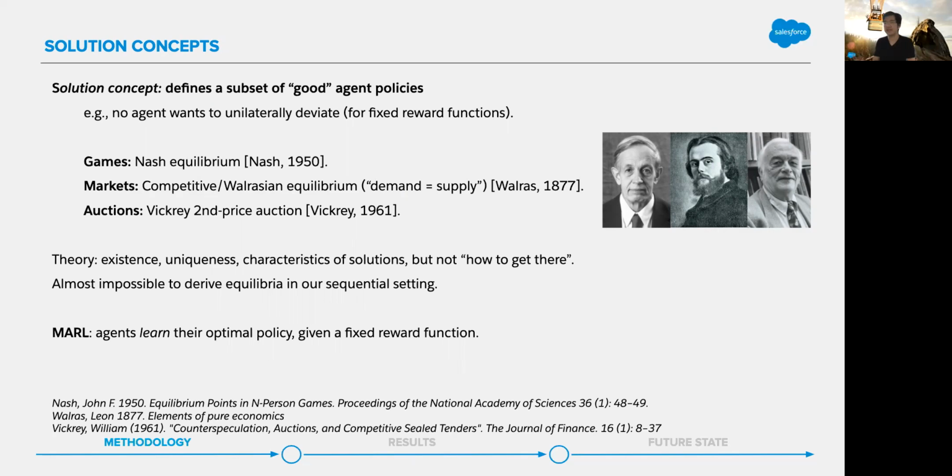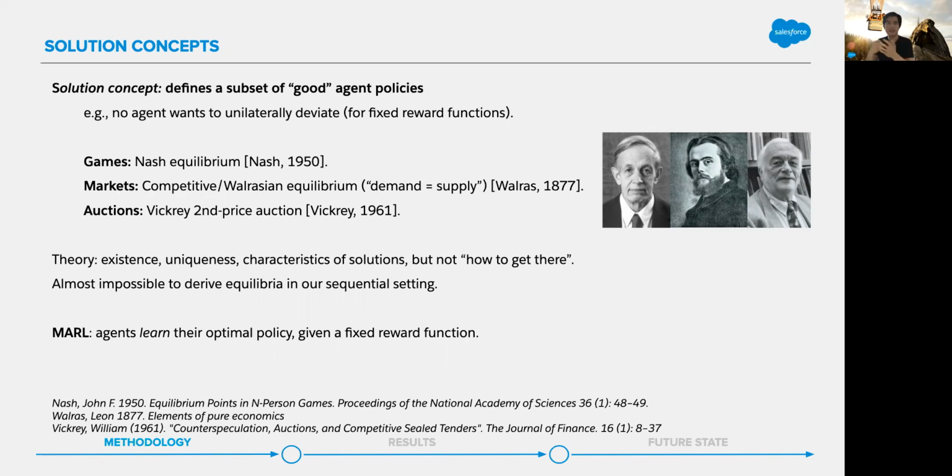A solution concept is a formal way of defining a subset of all possible agent policies that we define as good. So what does good mean? For instance, at the optimal set of policies, you might not want any agent to unilaterally deviate and change its behavior. If everyone else wouldn't change, then you don't want to change.